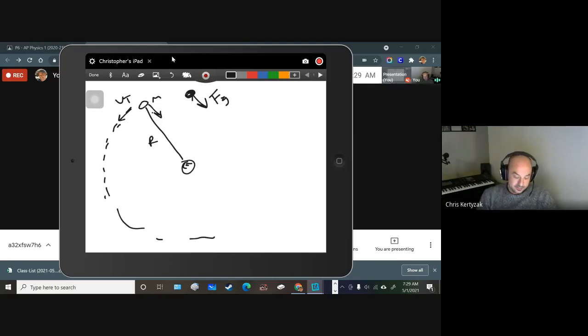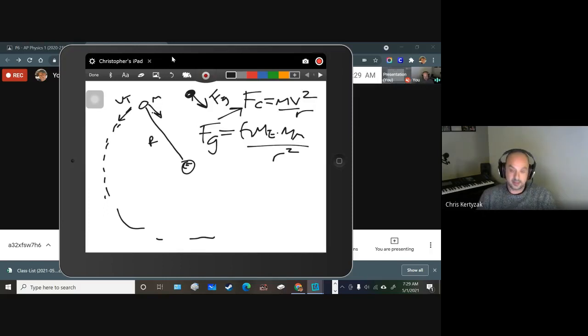So what force is providing the centripetal force to the Moon? Earth's gravity force. What is Earth's gravity force? It's equal to G times the mass of the Earth times the mass of the Moon over r squared. We knew that already, right? And if Earth's gravity force is actually a centripetal force, and it is, then we should be able to equate Fg to Fc, because it is Fc.